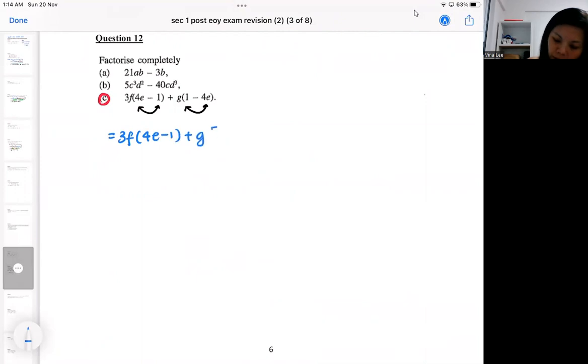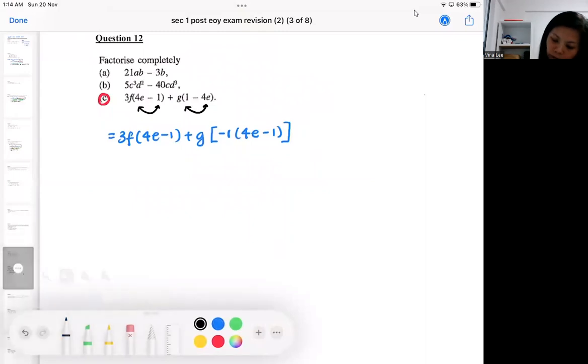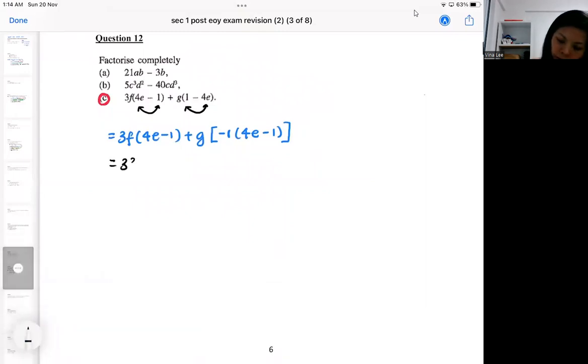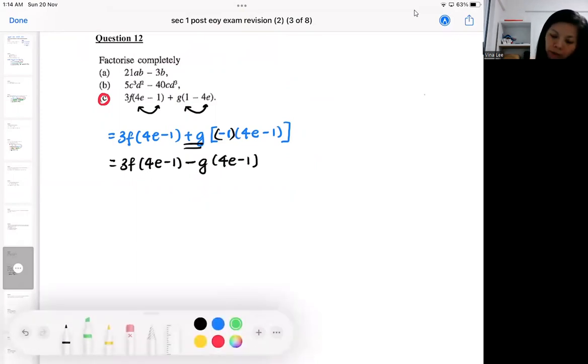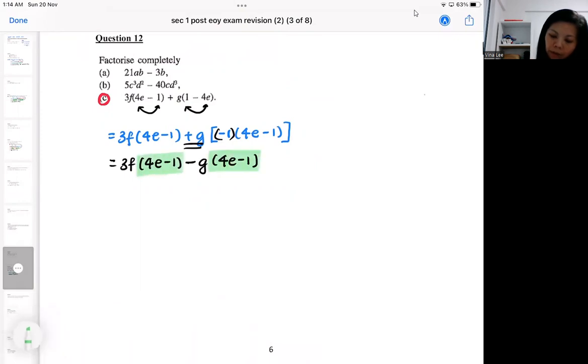It's easier if you have standardized it. Then notice what actually happened. G and -1 become -G. And you got the same bracket to factorize out.